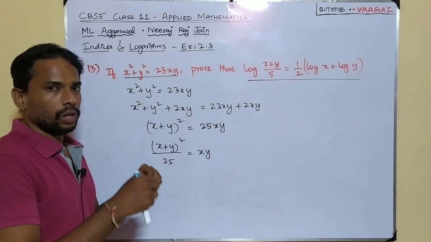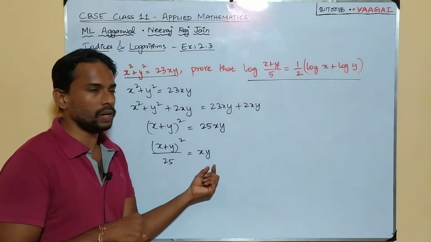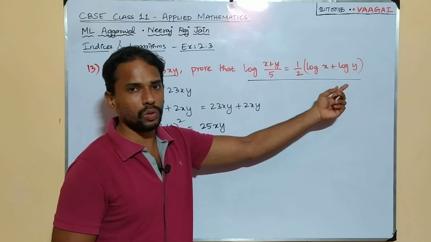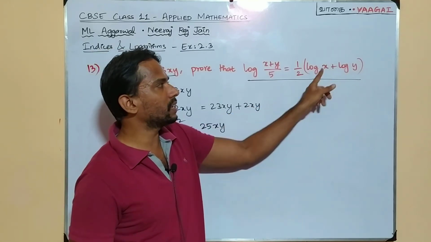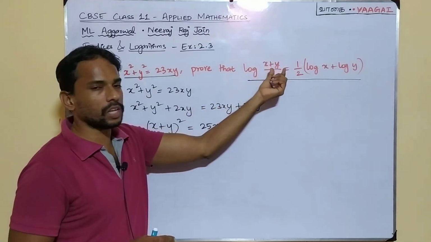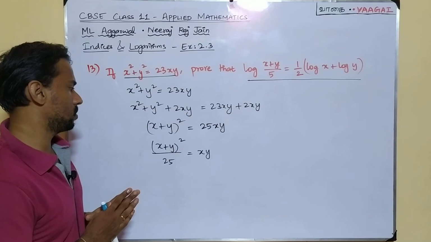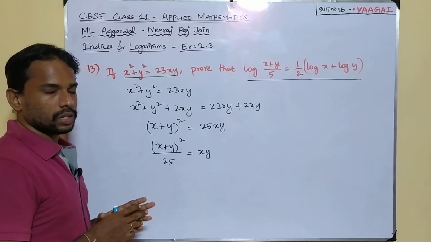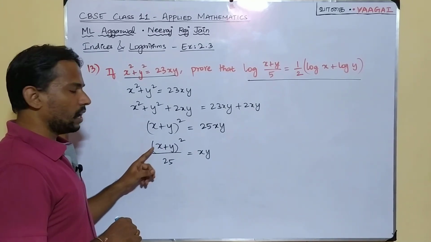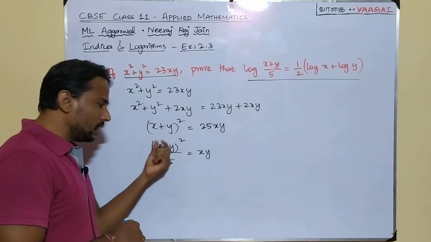Why we are doing all these steps is, our plan is leaving x and y alone on the right hand side. Why? Because see our proof also. The proof part also contains only x and y on the right hand side. And this x plus y part is on the left hand side. That is why we are leaving x plus y on the left hand side. Next what we can do is, we will just have this x plus y the whole square divided by 25.